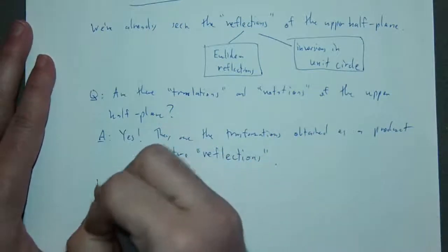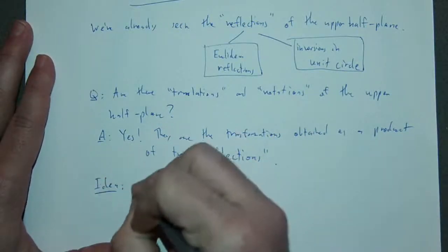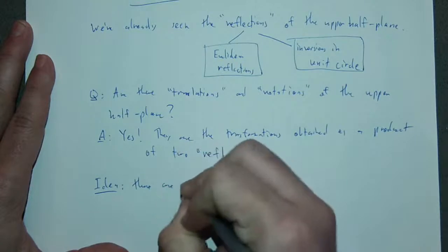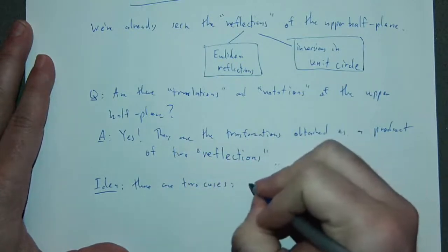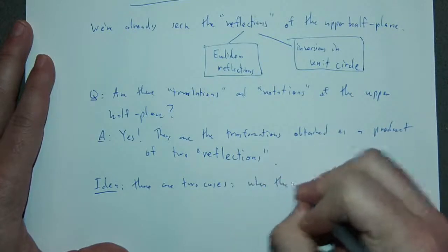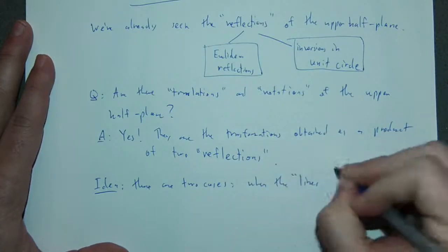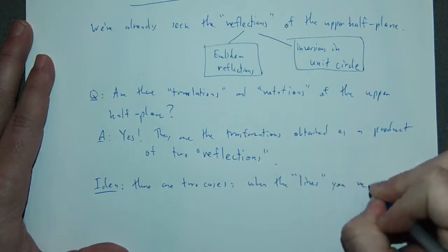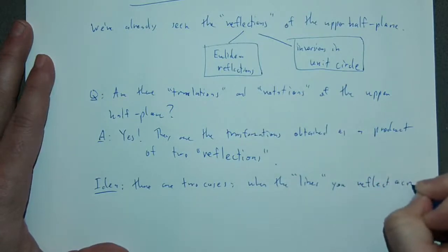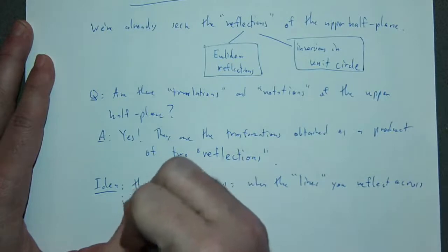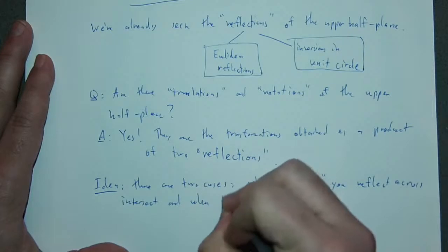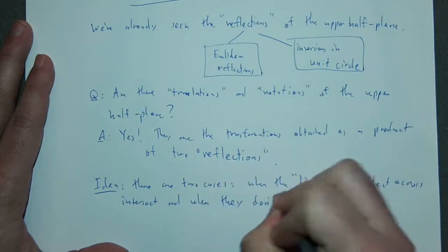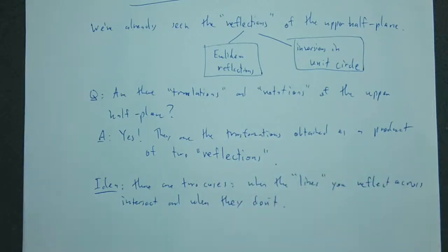So the idea is that there are two cases: when the lines you reflect across intersect and when they don't. These two cases are going to give you whether or not what you're doing is a translation or a rotation.